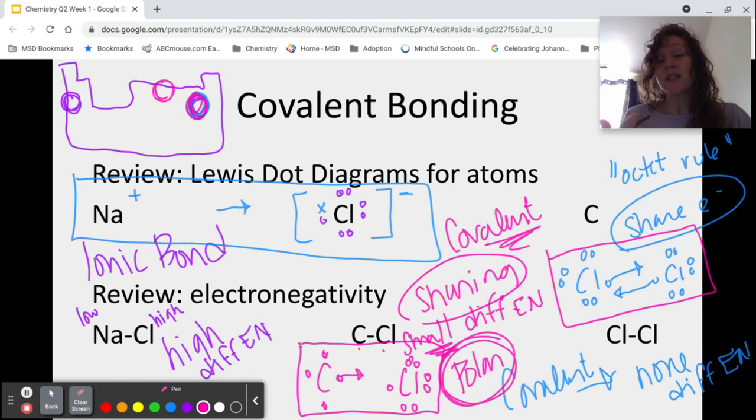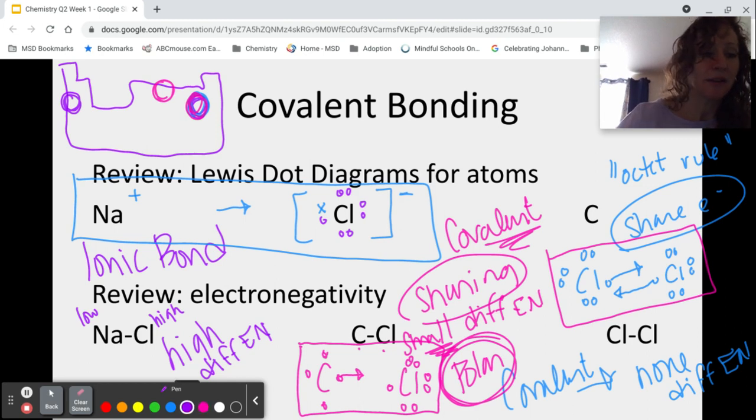But what this really comes down to is what we've always talked about. What kind of things form ionic bonding, and what kind of elements are involved in covalent bonding? You can probably answer that, right? Ionic bonding is going to be between a metal and a nonmetal.